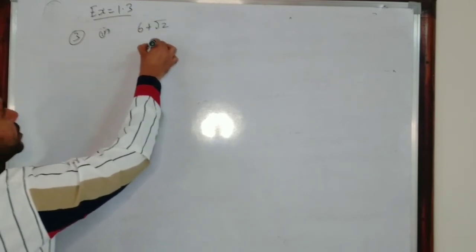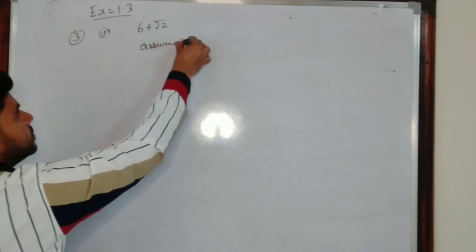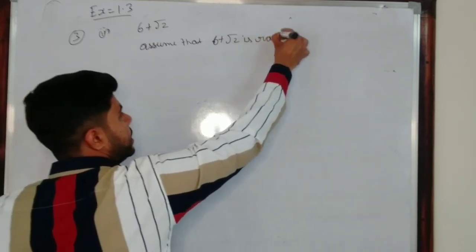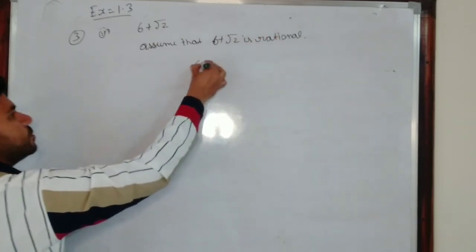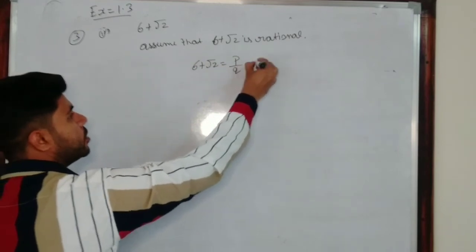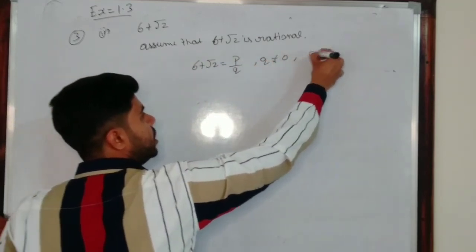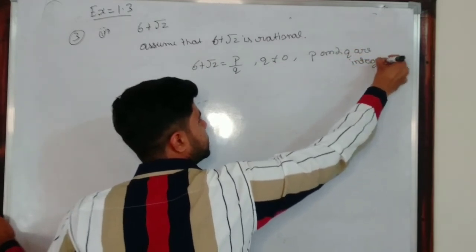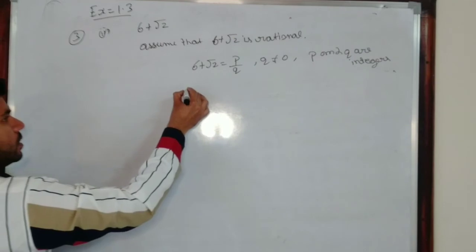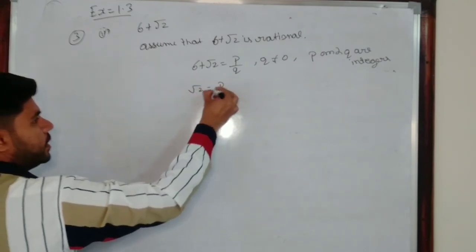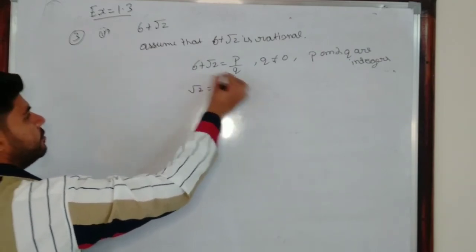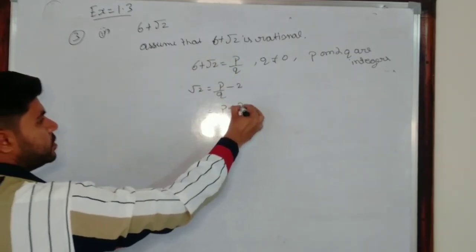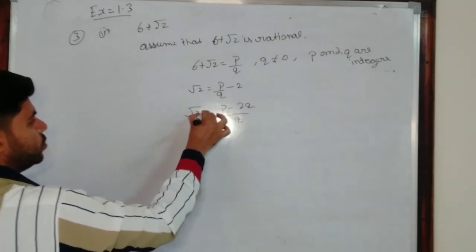Let's start by assuming that 6 plus root 2 is rational, so 6 plus root 2 is equal to p upon q, q not equal to 0, p and q are integers. Root 2 is equal to p upon q minus 6. Here the 6 is positive, and when we move it to the other side of the equal sign, it becomes negative. So root 2 equals p minus 6q upon q.